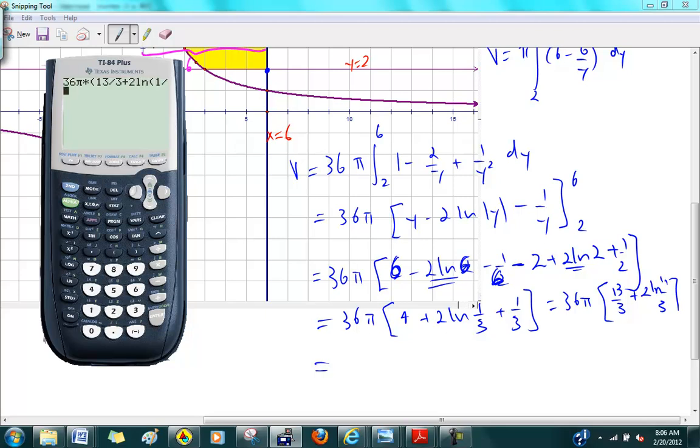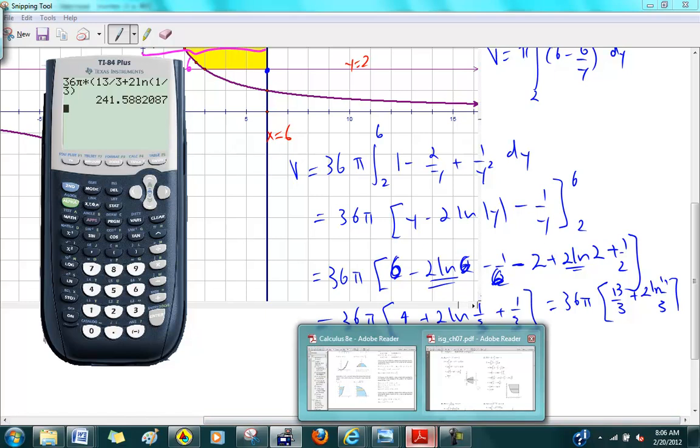Now let's make sure I've got this right. 36 pi, 13 over 3 plus 2 ln 1 divided by 3. And my answer is 241.588 and so on. Okay, cubic units.